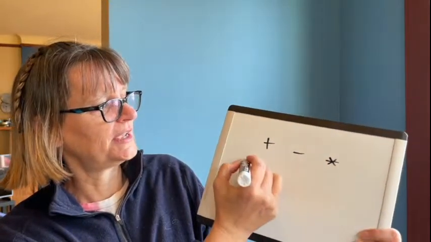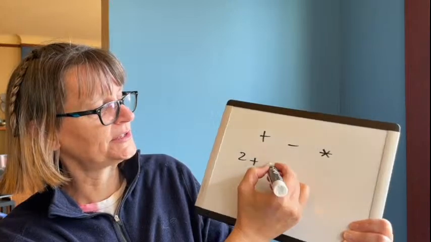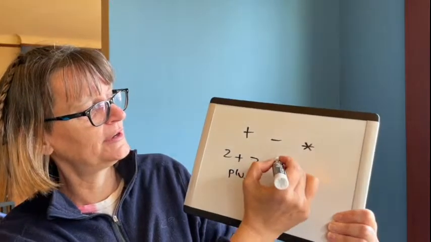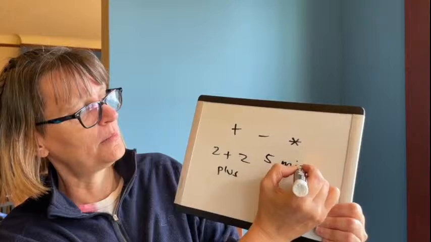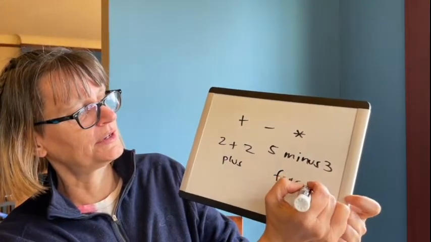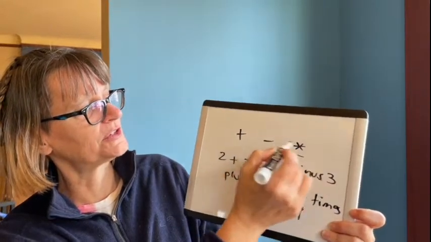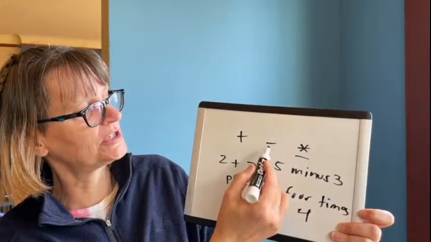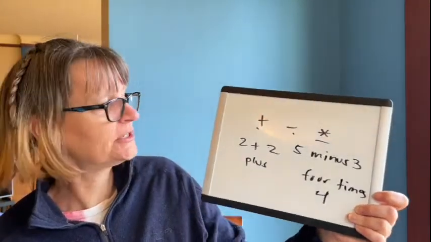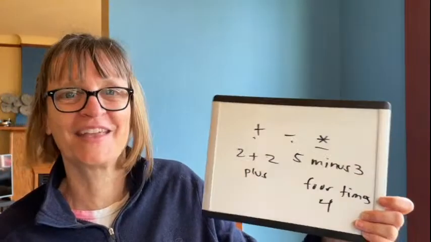So we would say 2 plus 2, 5 minus 3, and 4 times 4, if that's your question. So this is addition, subtraction, and multiplication. We say plus, minus, and times, typically for those in American English.